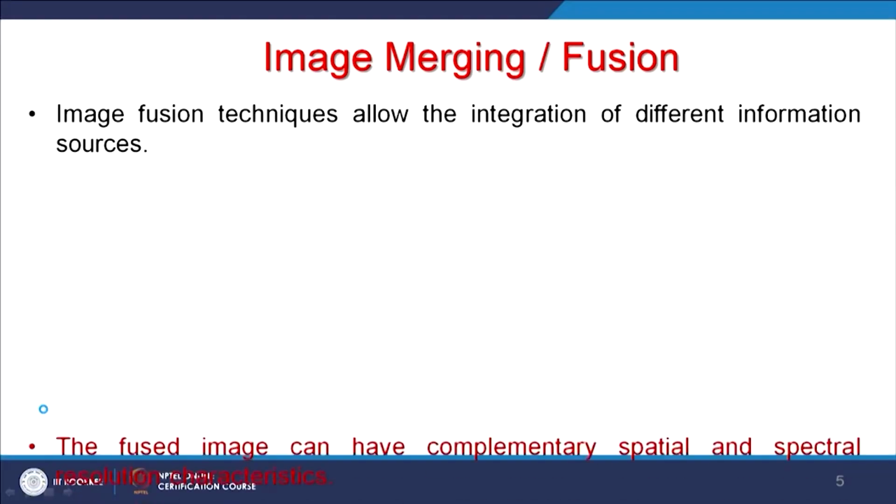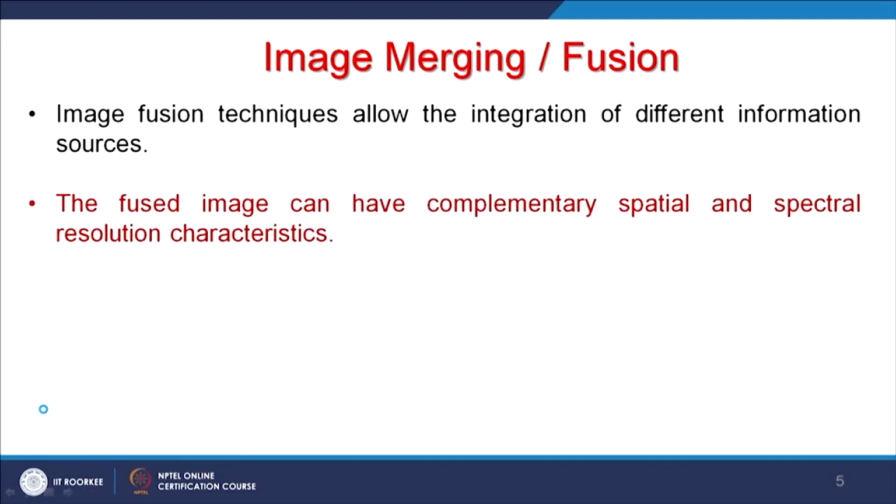So image fusion basically allows us to integrate different information sources. I have also said that a map, after scanning, can also become a raster image, and that can be merged. And these fused or merged images can have complementary spatial and spectral characteristics.